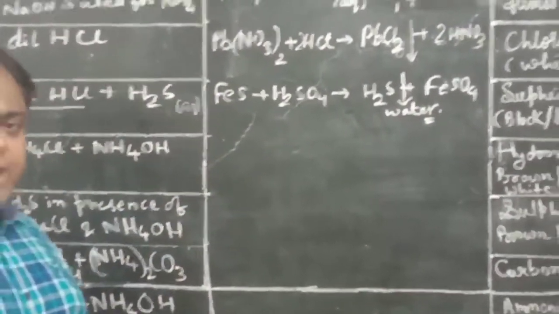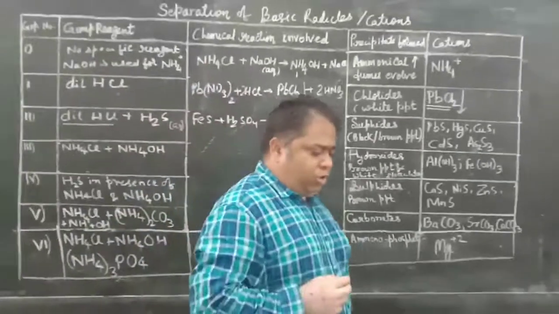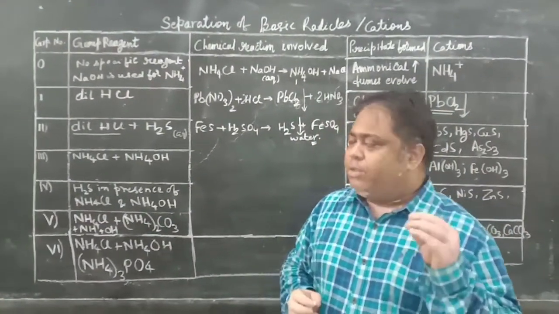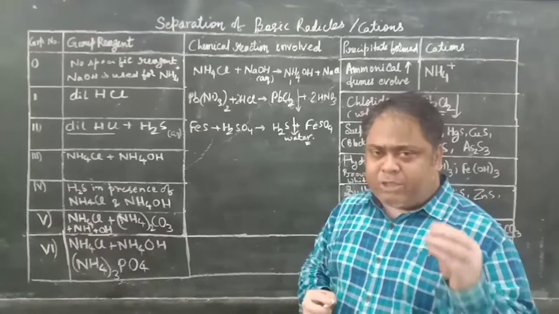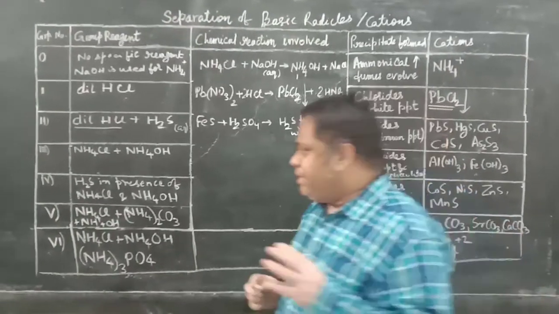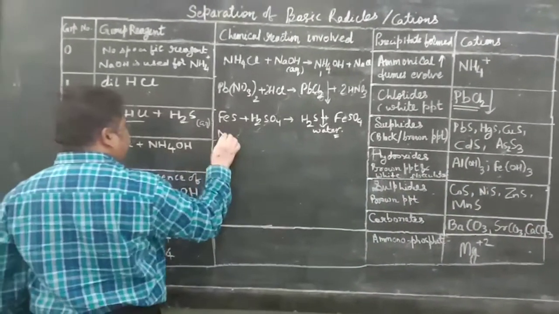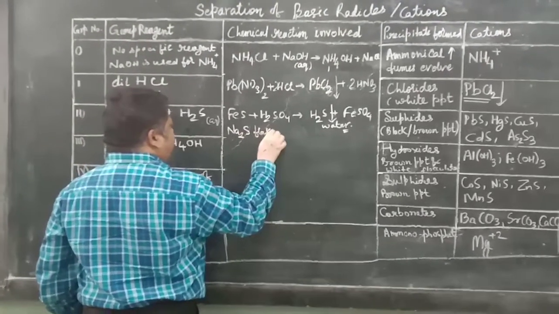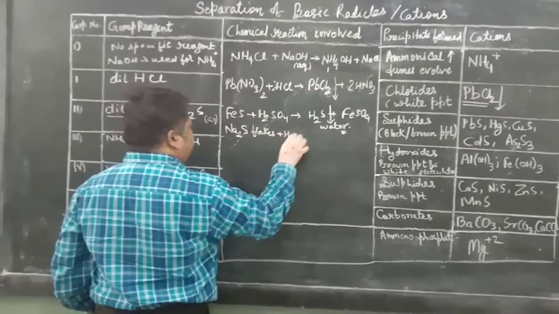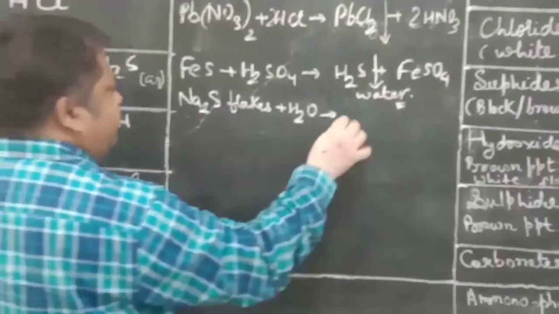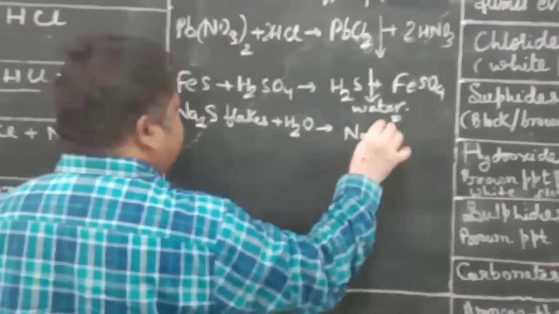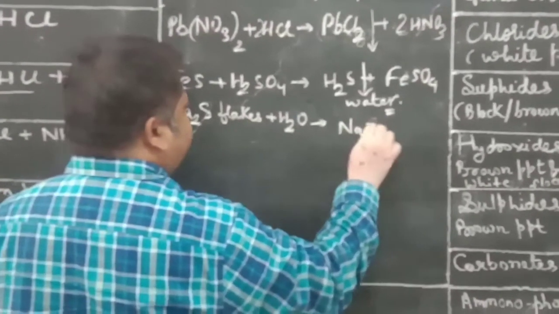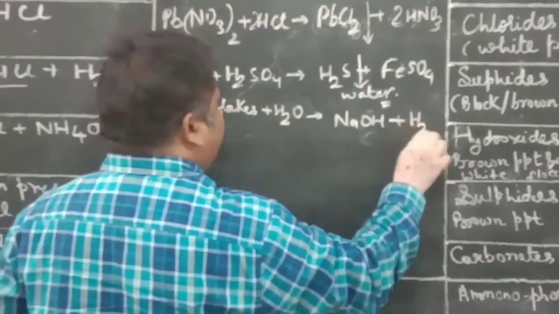But if you don't have Kipp's apparatus, or if you don't want to do the testing on a large scale, then this is a trick. In this trick you can prepare H2S gas instantly by taking sodium sulfide flakes and treating it with water. It will form Na2S, it will form NaOH, and H2S gas will be formed.